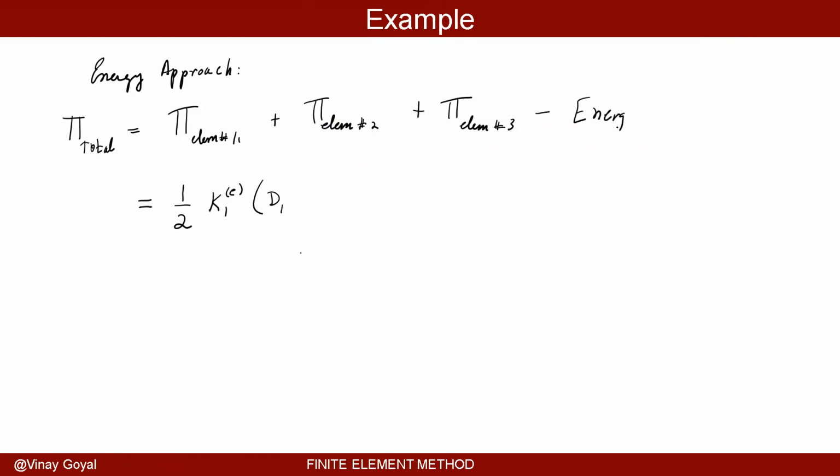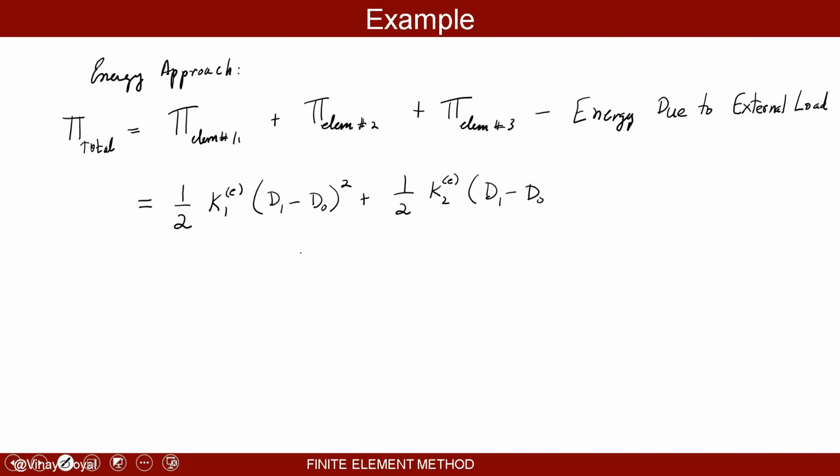Okay, so now the problem goes to what is the value for the potential energy from the first element. We just need to apply the formula, right? We have k d squared over 2. And since we have the values of the displacements at each node, this d squared is known at this point.